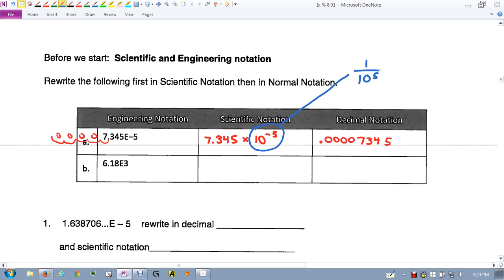Do you ever remember seeing that negative powers means you can drop it down as positive? You may or may not have seen that in the past. What is 10 to the 5th power? 10 times 10 times 10 times 10, 5 times. It's 1 with 5 zeros.